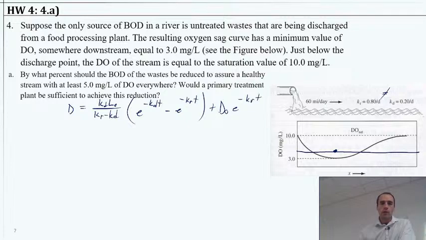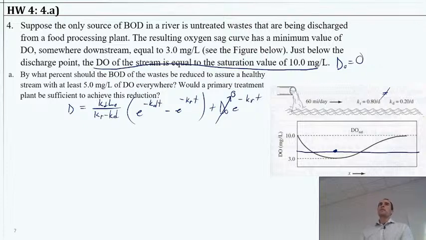So this equation gets simplified here because that goes to 0. And that happens because we were told just below the discharge point, the DO of the stream is equal to the saturation value. So the initial deficit equals 0. Okay, so that's coming from there, and we can also see that right here, that the saturation value line drawn here, we're starting at that point.